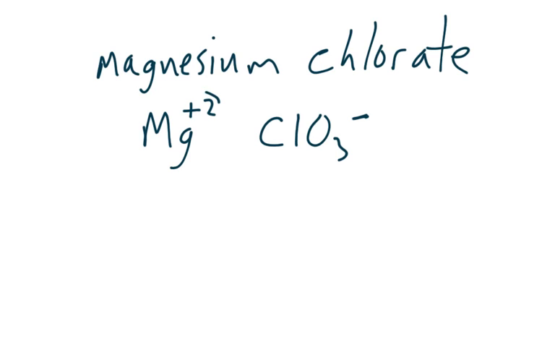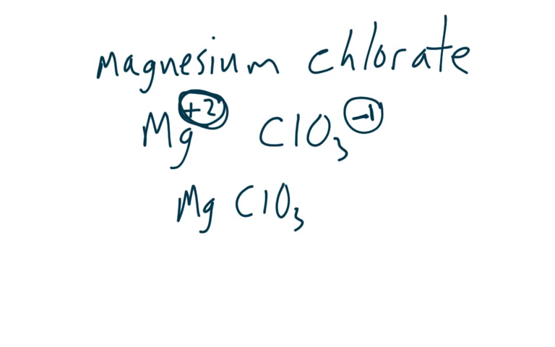Now, pay attention to this. When we crisscross this, remember that's a 1 here. The Mg gets the 1, which we don't need to write, so I'm going to go ahead and erase it. But the chlorate will get this 2, and to show that the entire chlorate gets the 2, you must put it in parentheses, and the 2 goes out here. This means that for every 1 magnesium, there are 2 chlorates. That would be the ratio.